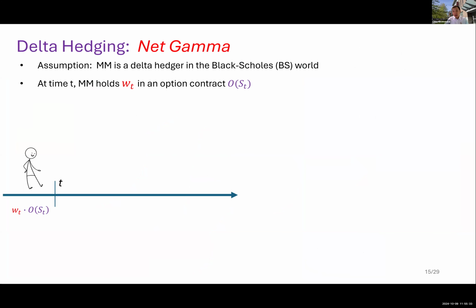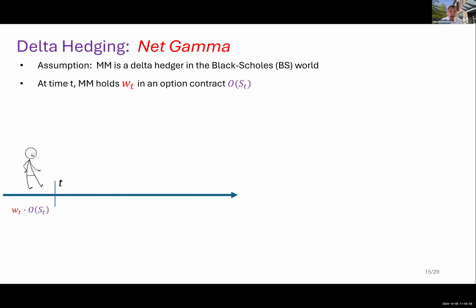For the next few slides, I'm just going to show you a simple model to illustrate what we are talking about when we talk about market makers' hedging needs. The first measure and the most important one is the net gamma. The assumption here is simple. We are in the Black-Scholes world, and the market maker is a delta hedger. That's it, simple.